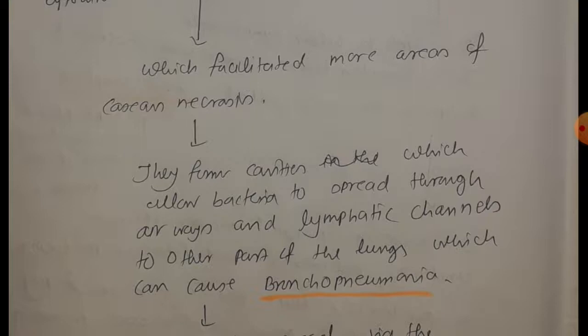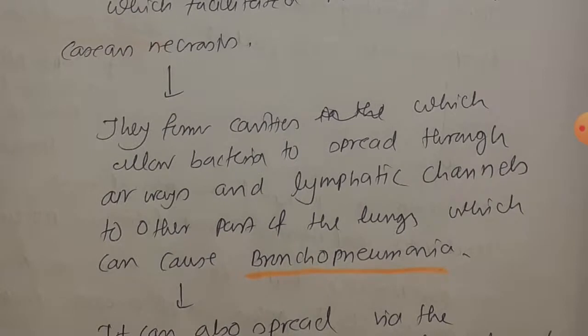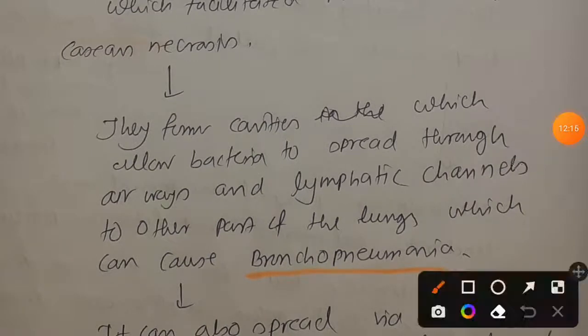But once the immune system gets compromised, they get the chance to spread again. Under such circumstances, their focus is now to cavitate the lungs so that the bacteria can spread through airways and lymphatic channels to other parts of the lungs, causing bronchopneumonia.